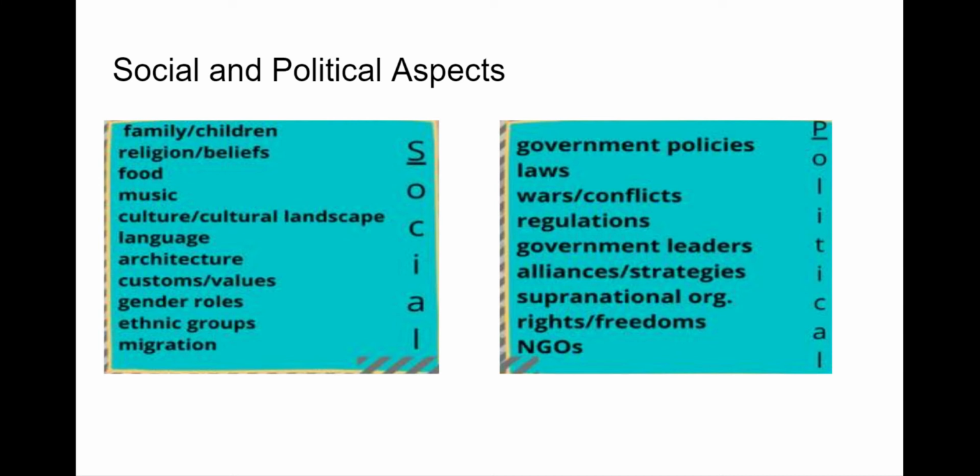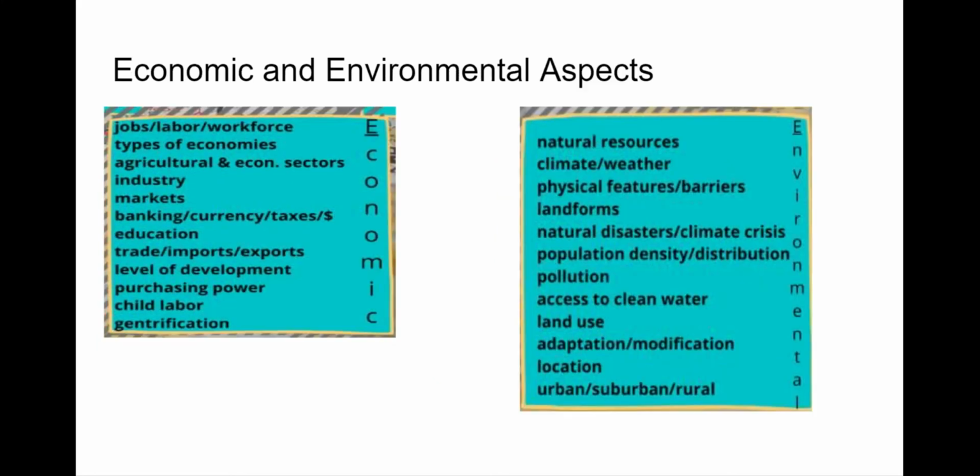It might have to do with the specific level of political rights or freedoms that people have, or the role that their government or their leaders play. It might have to do with specific wars or conflicts within a country or with neighboring countries. All of those things have to do with political systems. We might watch a video or read an article where you're looking at some of those aspects. So that is the P.